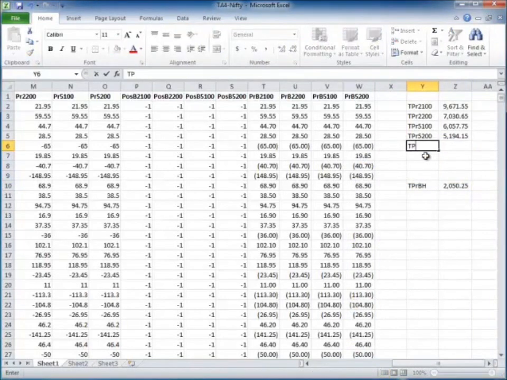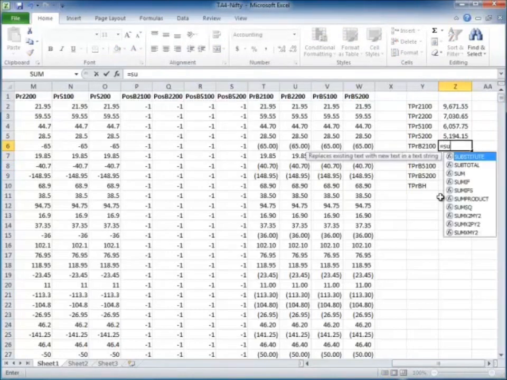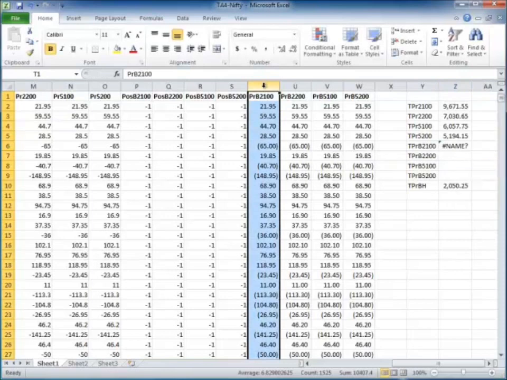So total profit for B2100, total profit B2200, so here this is equal to the sum of all that.